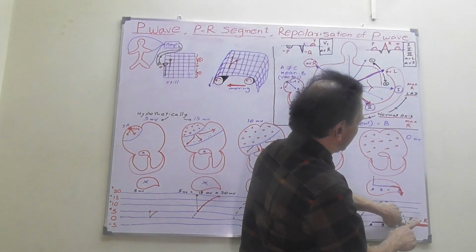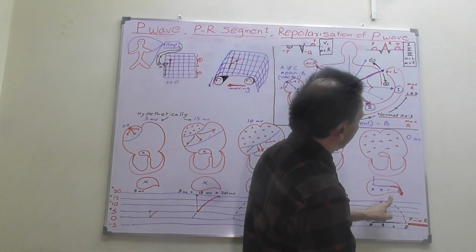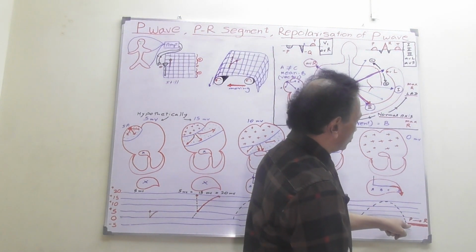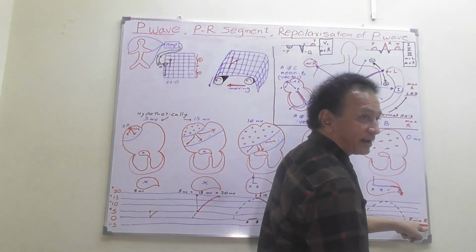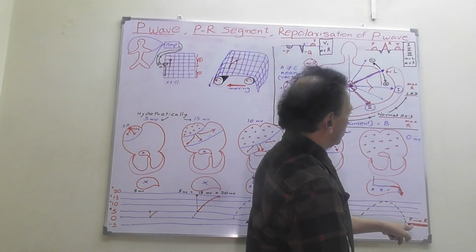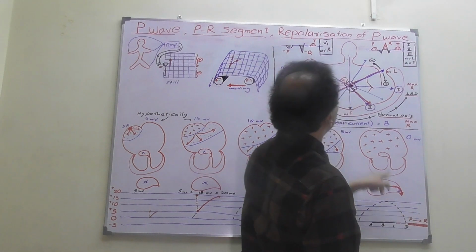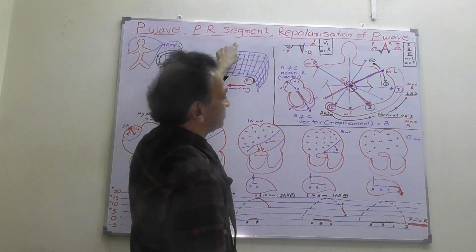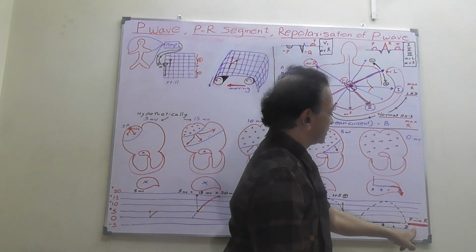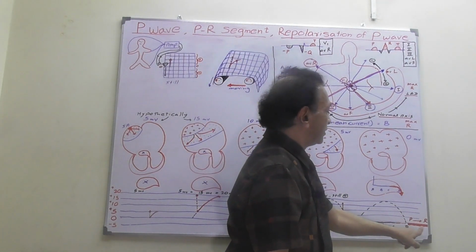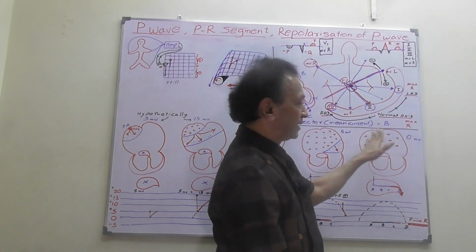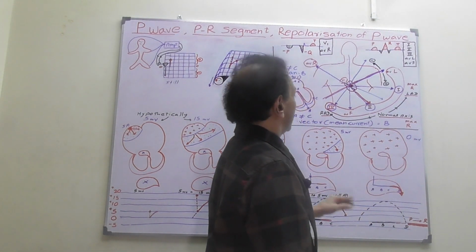So in the ECG, after the full contraction of the atria, the P wave, you get another horizontal line. That is why after the P wave you get a PR segment as a horizontal, isolated line. During this time, no current is being produced.